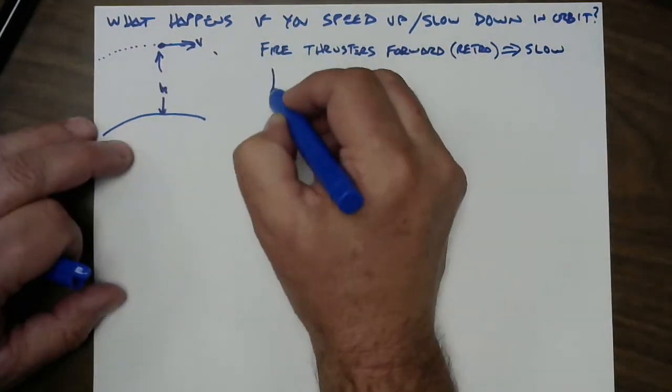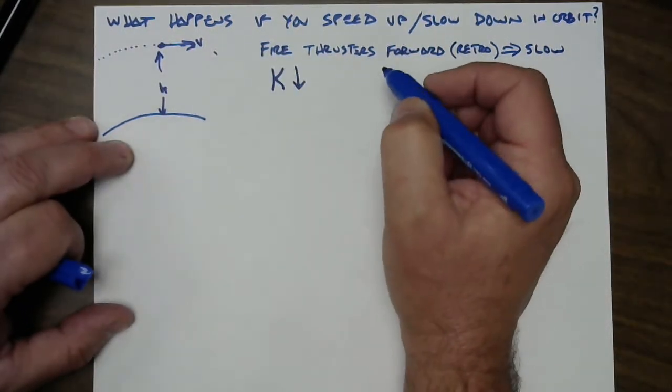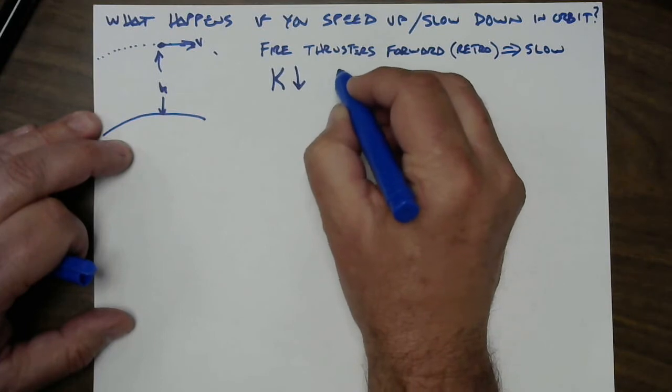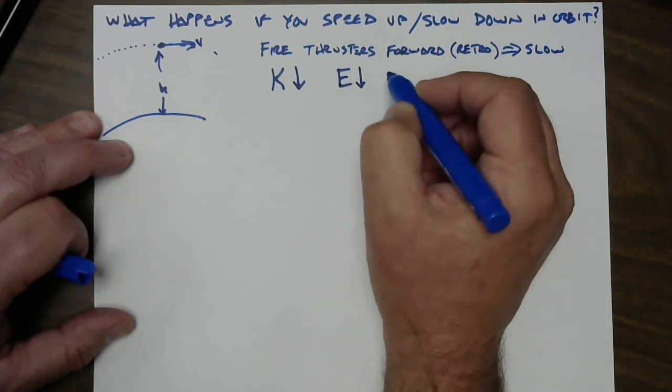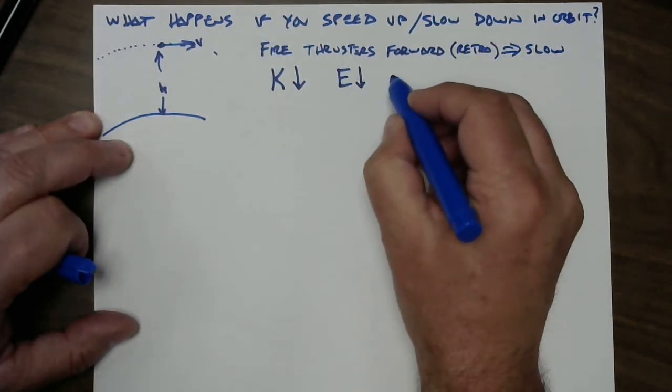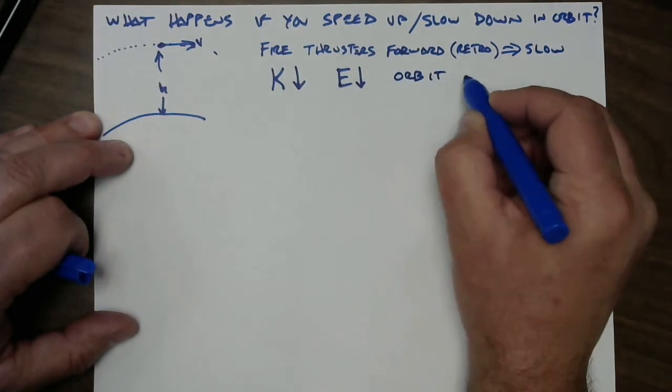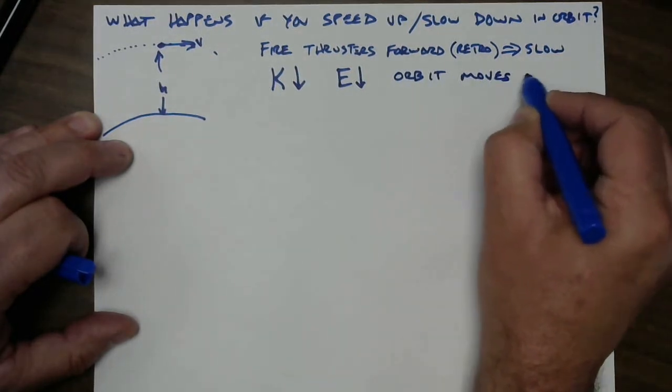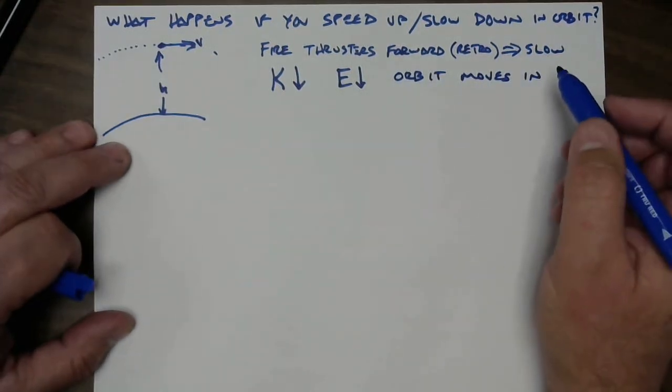If you slow down, your kinetic energy will drop. If your kinetic energy drops, your total energy will drop, and the orbit moves in. You will drop into a lower orbit.